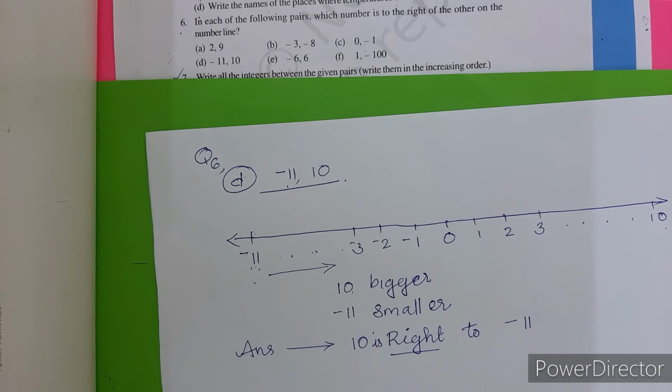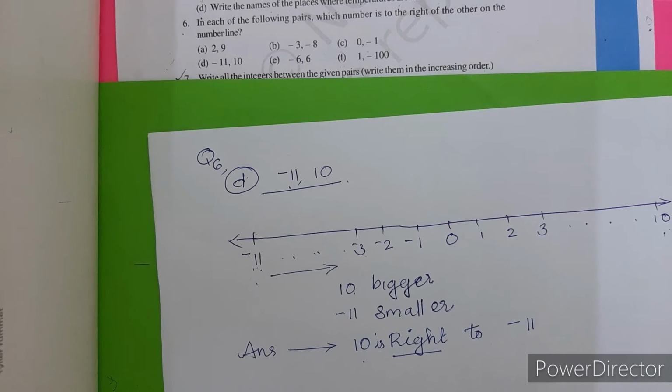Okay children? Because 10 is the bigger number and minus 11 is the smaller number in the given pair. The bigger number is always right to the smaller number, so that rule is satisfied by this given pair, and 10 is right to minus 11.